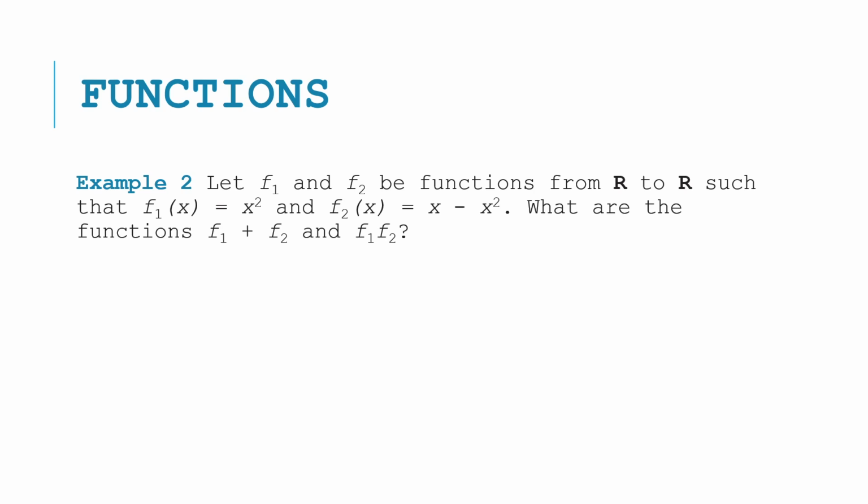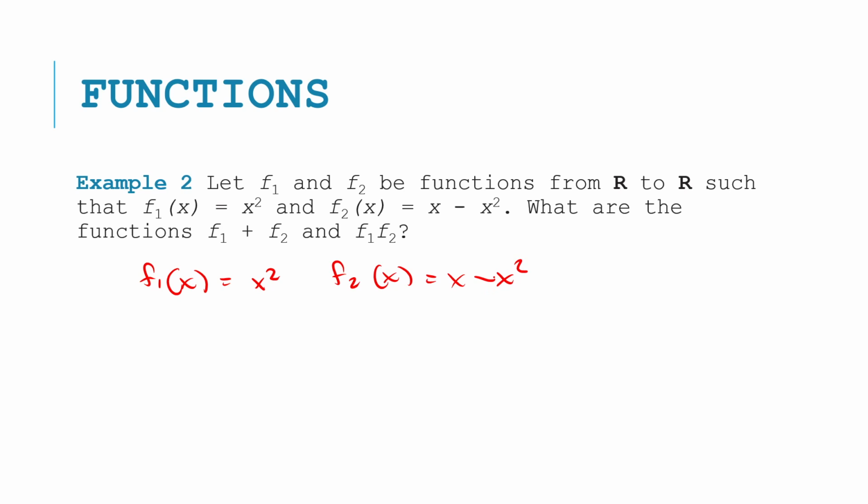Example: we have here f sub 1 and f sub 2 functions from R to R, where f sub 1 of x is equal to x squared and f sub 2 of x is equal to x minus x squared.